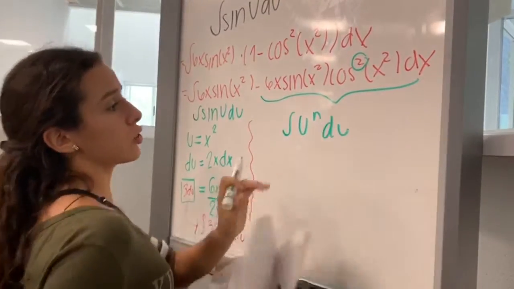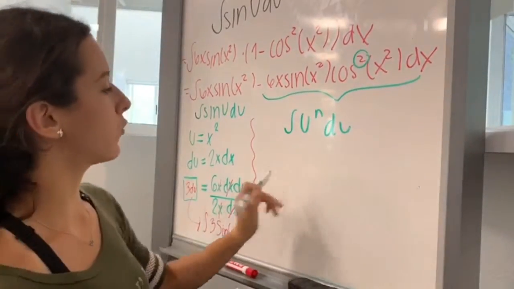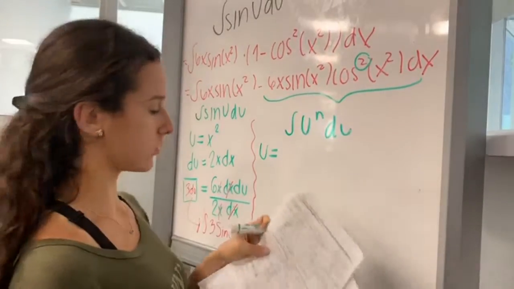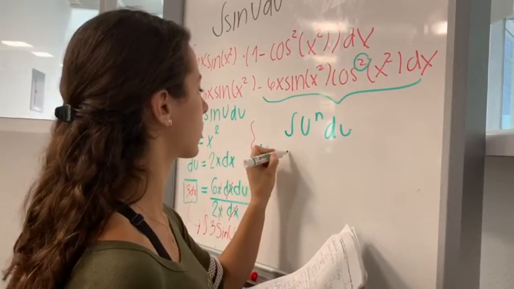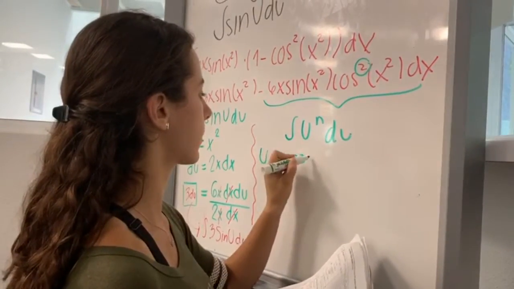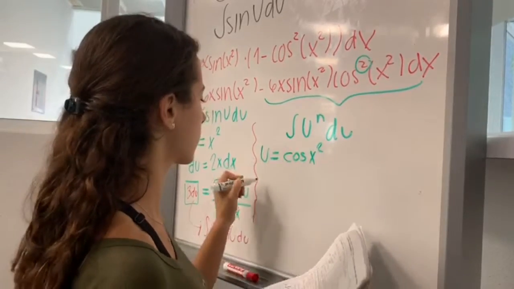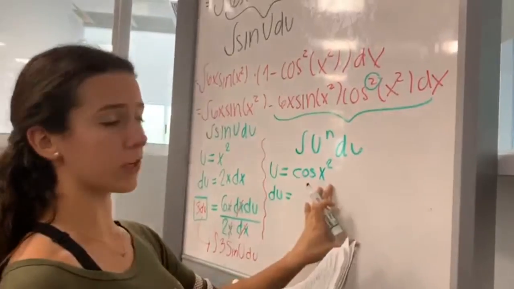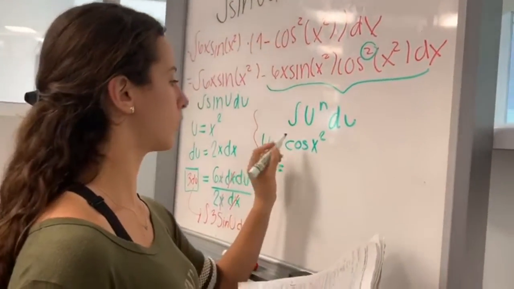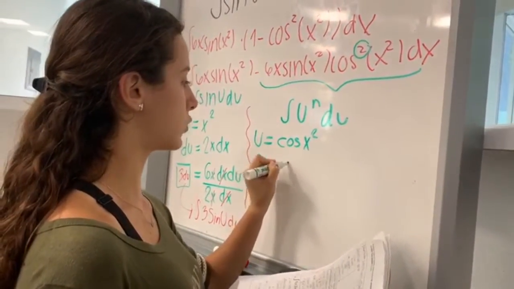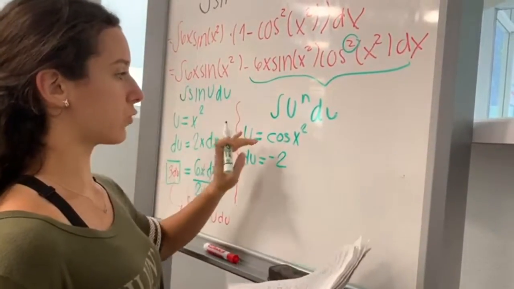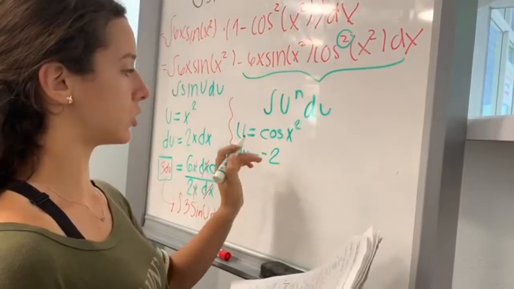In order to solve a u and du type, first we identify our u, which is cosine x squared. Our du will be the derivative of the u, so it will be negative 2x sine x squared dx. Let's always remember that when you change from cosine to sine, you have to change it into a negative sign.